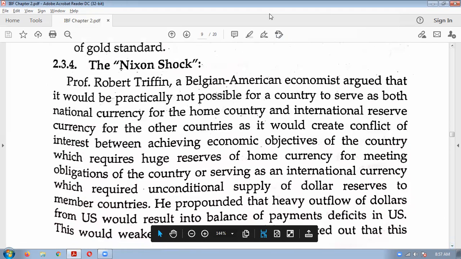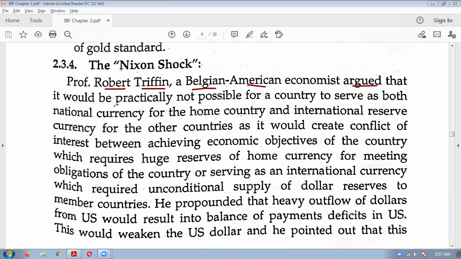See, Professor Robert Triffin, a Belgian American economist, argued that it would be practically not possible for a country to serve as both national currency for home country and international currency for other countries.